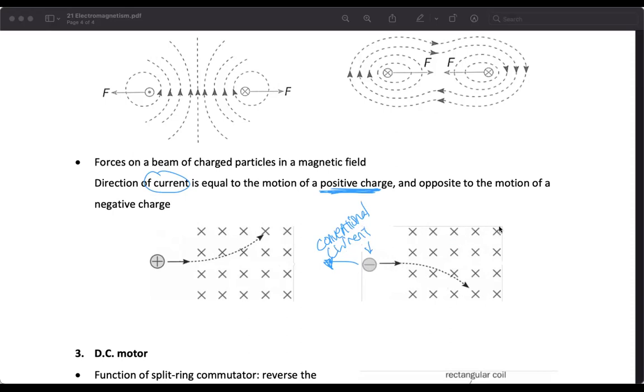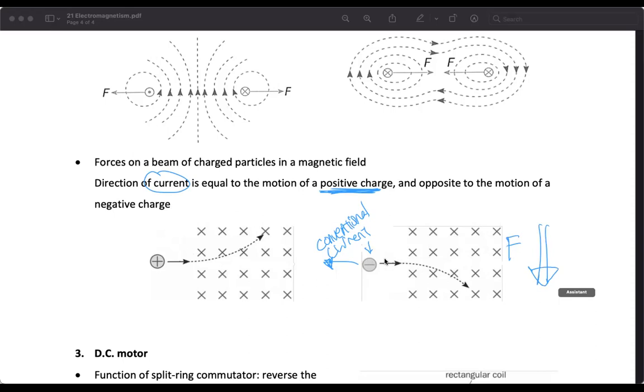Your index finger, your magnetic field, is into the page. Use your left hand: your current is moving from right to left, your magnetic field is into the page, and your thumb is moving downwards. Therefore, for the negative charge, just imagine it's moving from right to left. So your force will be going down.